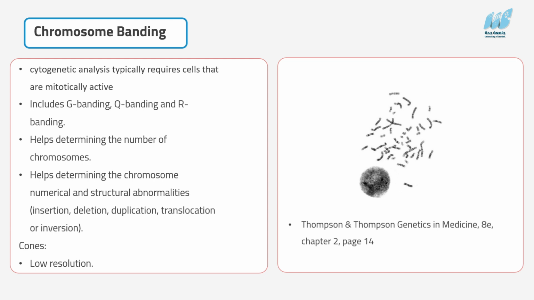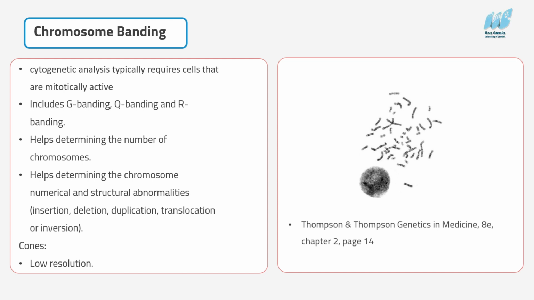Chromosome banding refers to alternating light and dark regions along the length of a chromosome, produced after staining with a dye. It includes G banding, Q banding, and R banding. The most commonly used dye is Giemsa, or G banding. This technique helps determine abnormal numbers of chromosomes and structural abnormalities such as insertion, deletion, duplication, translocation, or inversion.